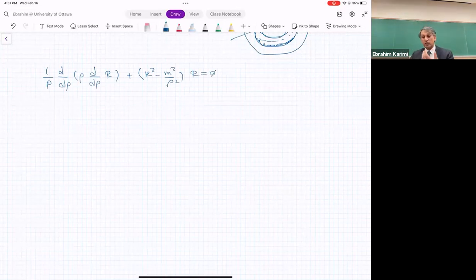That was the Bessel differential equation. So the result for R was Jm of k rho or Nm of k rho.